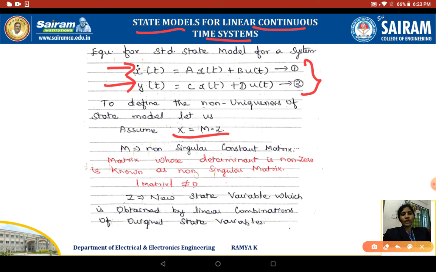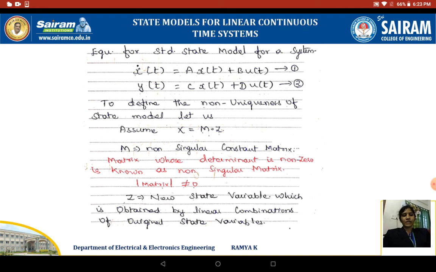Now, wherever you have x, you are going to replace it with M times z. In the first equation, x dot of t is nothing but M into z dot of t, which is equal to A. Wherever you have x of t, you have to replace it with M into z of t.